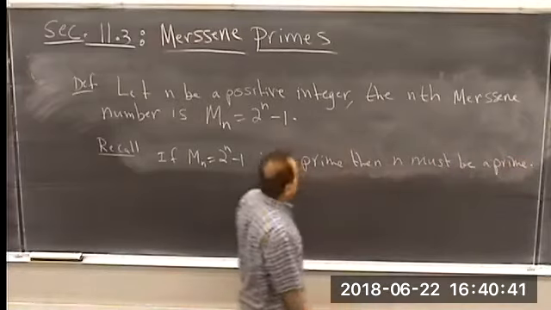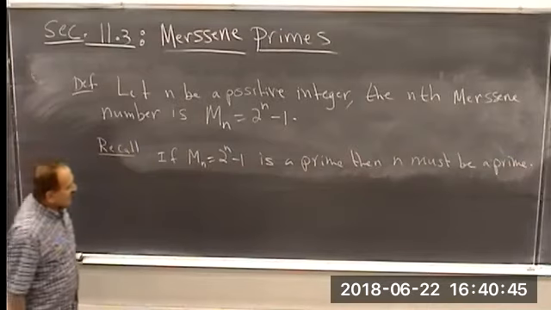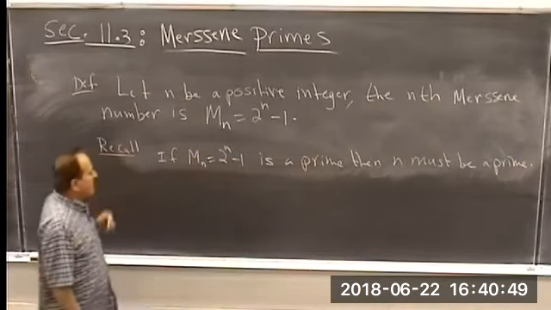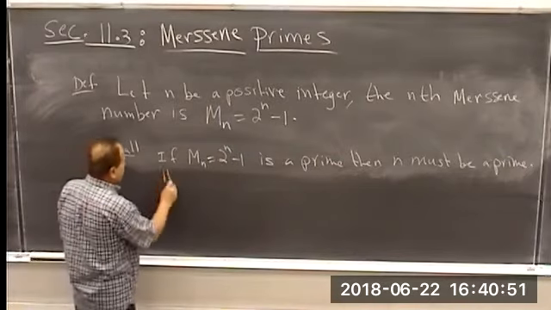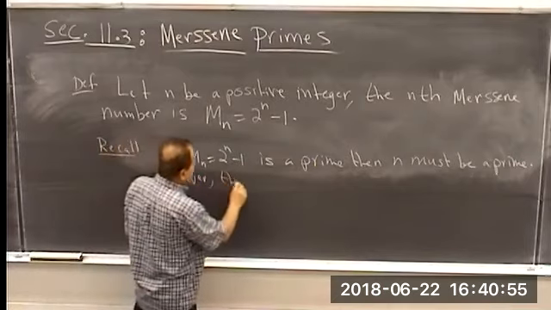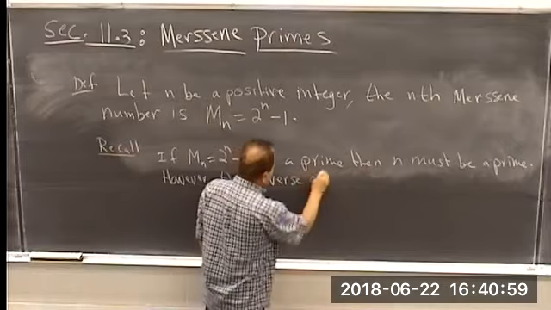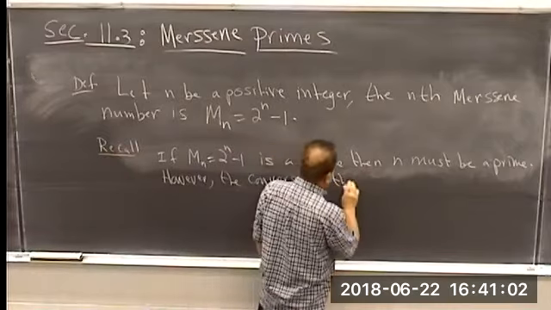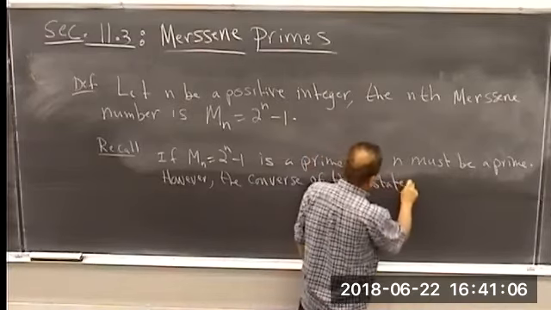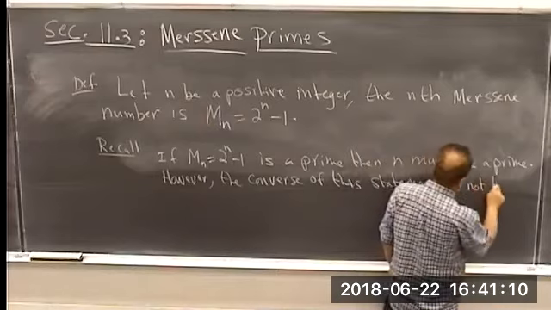So in other words, if the Mersenne number itself is a prime, then the exponent is a prime. However, the converse of this statement is not true.